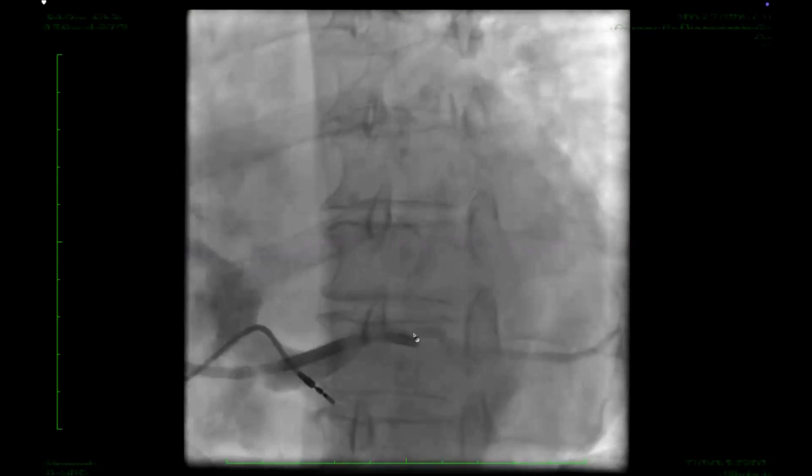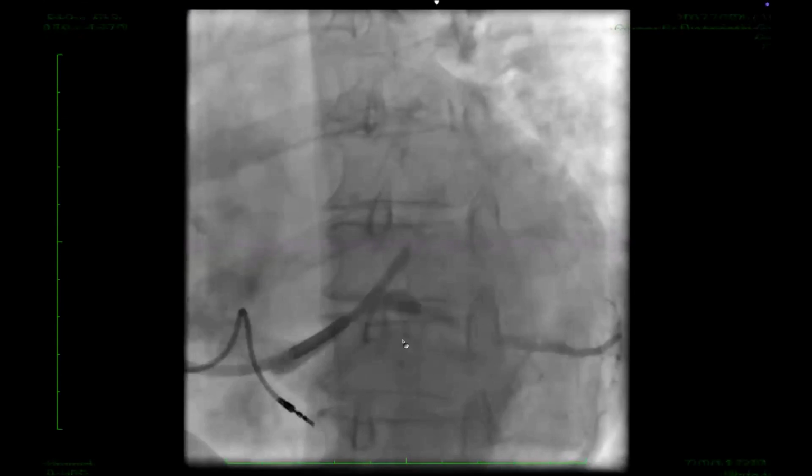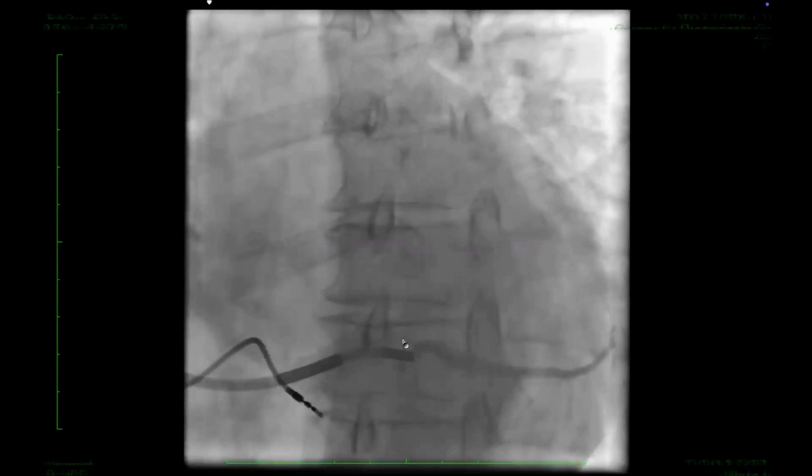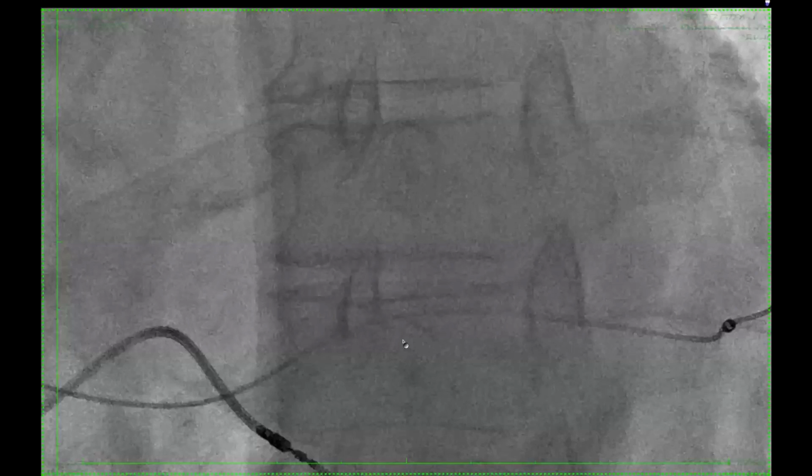And now the subselection catheter has found its way into this branch, nice posterolateral branch. And we can take a venogram of that branch, and it looks like we can get the lead nicely embedded within there. Excuse the flashing lights. And that was the final position of the lead.